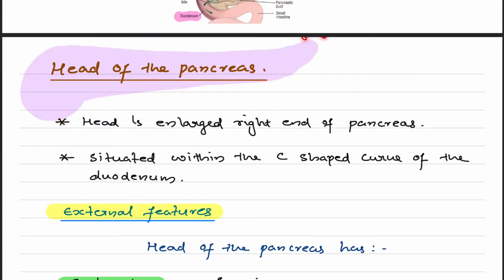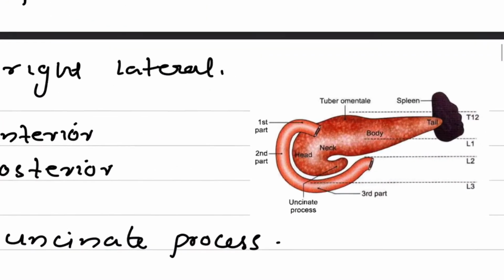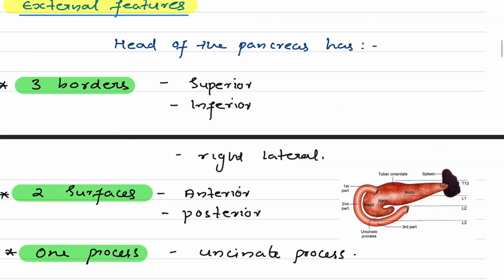Here you have your spleen on the left side. So the head is the enlarged right side of pancreas. This is the enlarged part, this is your head. It is situated within the C-shaped curve of duodenum. See, head is situated in this C-shaped curve of duodenum.